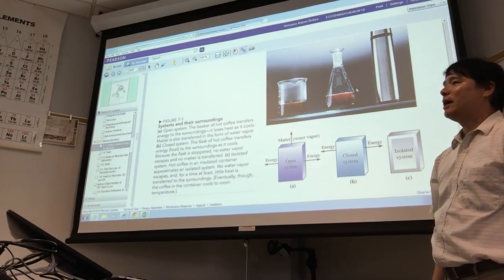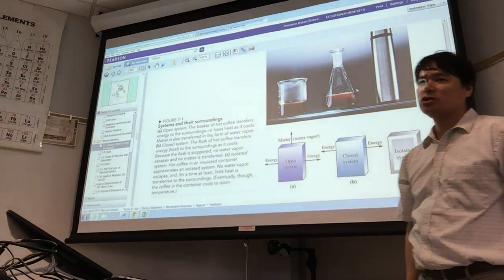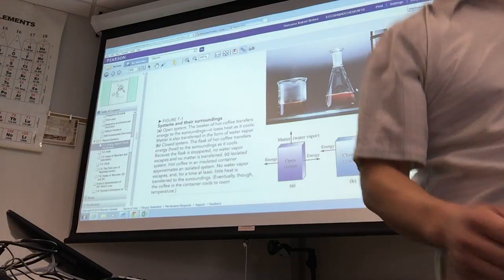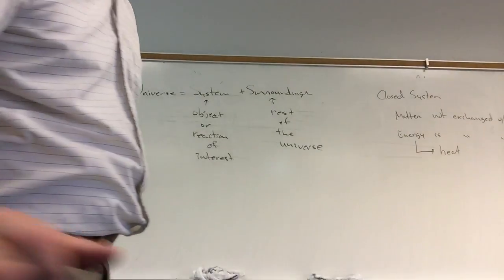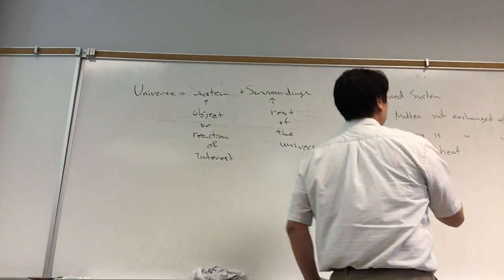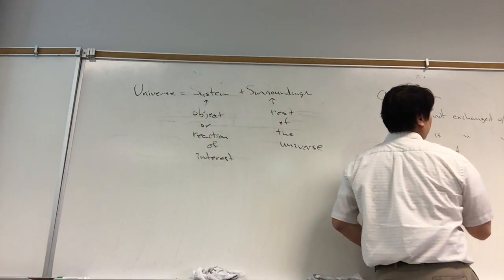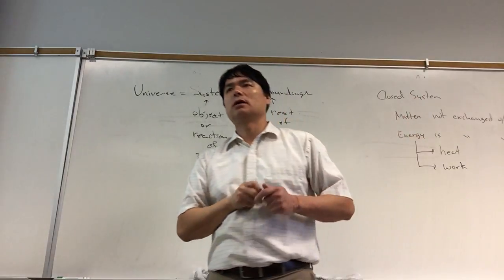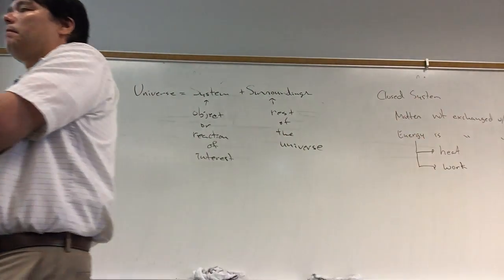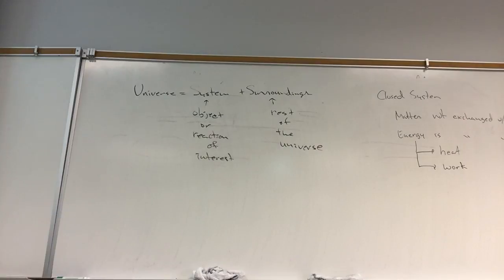But there's one other way that our system can exchange energy with the surroundings, and that is called work. So heat and work can be exchanged, and that's energy exchange with the surroundings. What kind of work?